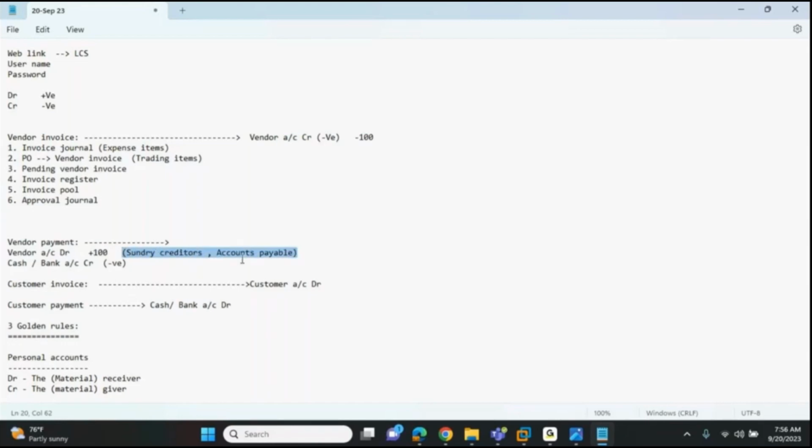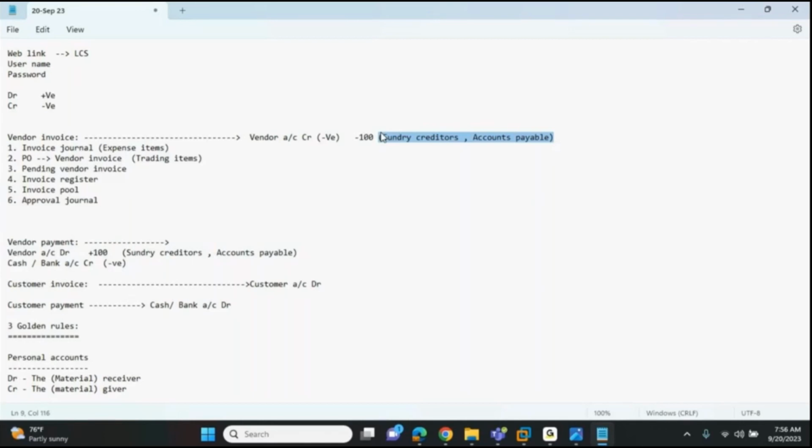Accounts payable. This is a financial entry, we'll discuss it later. Oh, okay. I'm thinking that when a vendor invoice comes in, we book it in the system as accounts payable, and when it's approved, you make a payment.